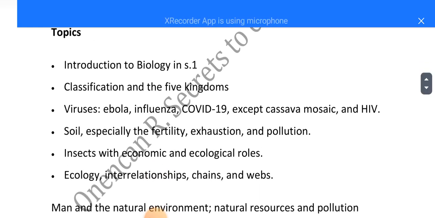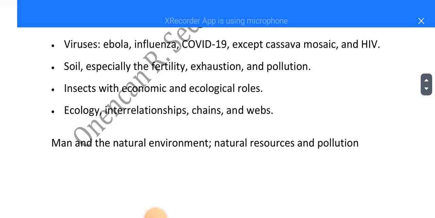Then we have also insects with their economic and ecological roles. We have also man and the natural environment. We have natural resources. We have pollution. But what you should not forget is that this part 1 of section B, the focus is on conservation biology.